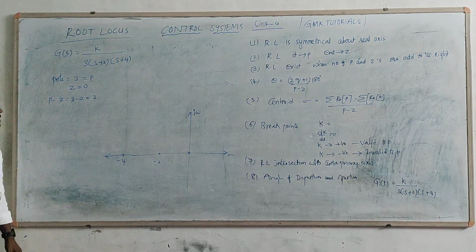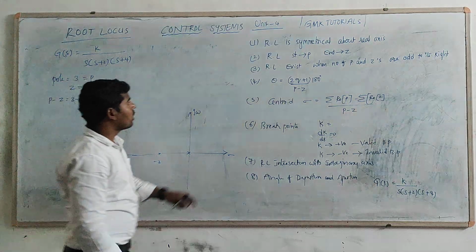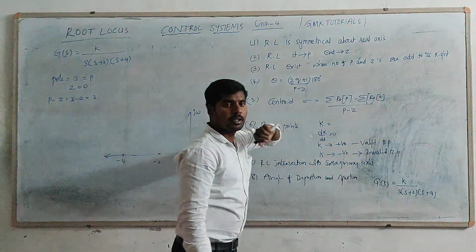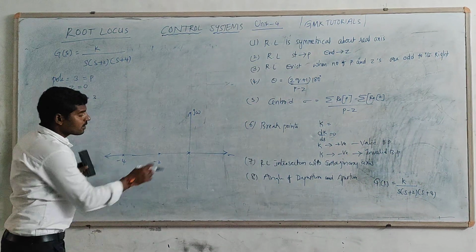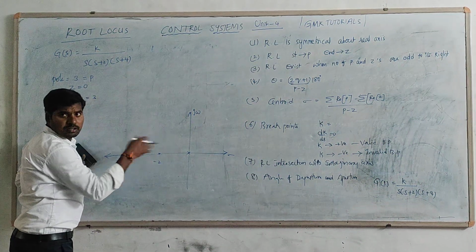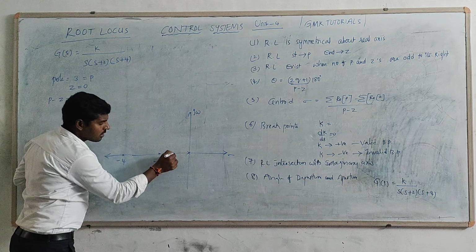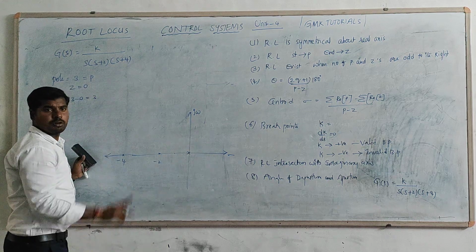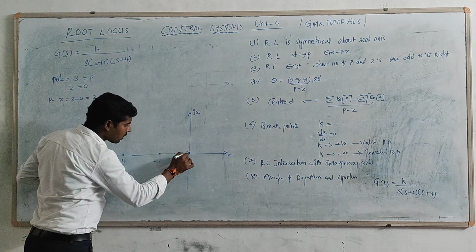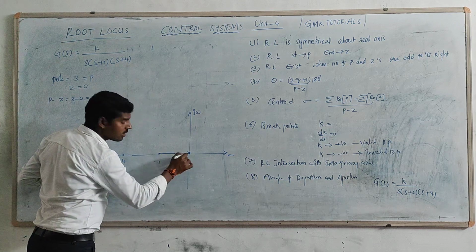Now, root locus always starts with a pole and ends with a zero. Suppose you take any point across the real axis, and the total number of poles and zeros to its right is odd, say 1. Then root locus may exist in this region.